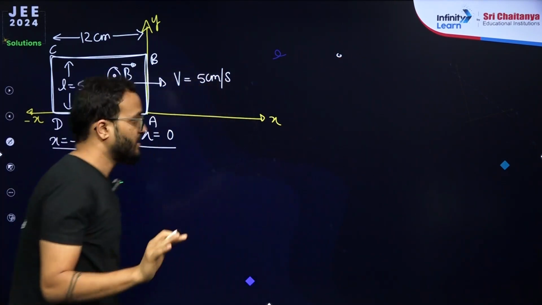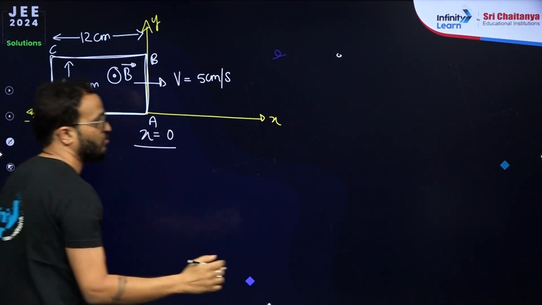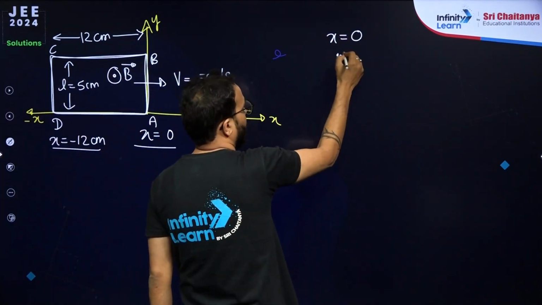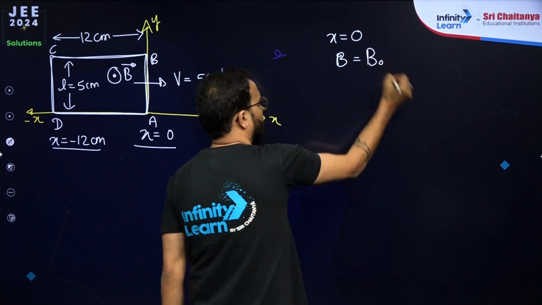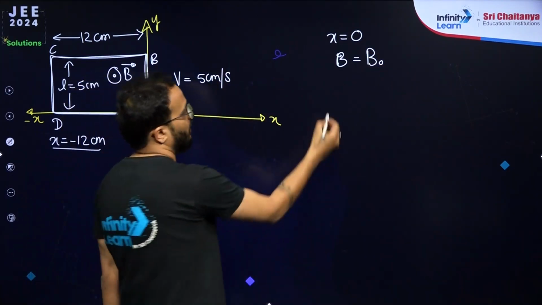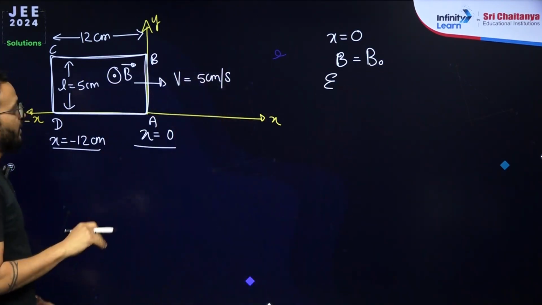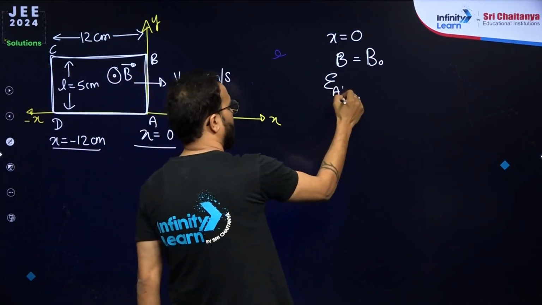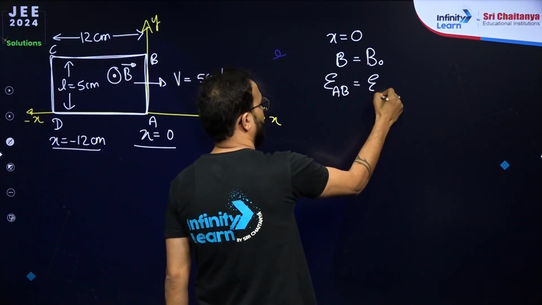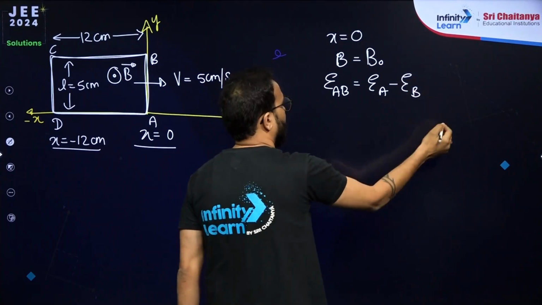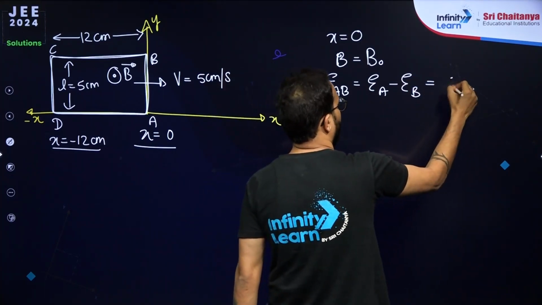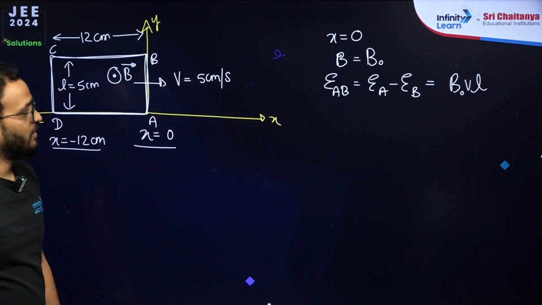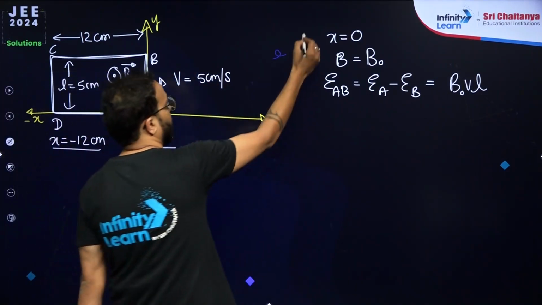Let's say the magnetic field at x equals 0 is B naught, right? So what is the EMF induced here? V cross B, so downwards. So we will say EAB, that is EA minus EB. This will be B naught VL, right? Cool. This is point number 1.